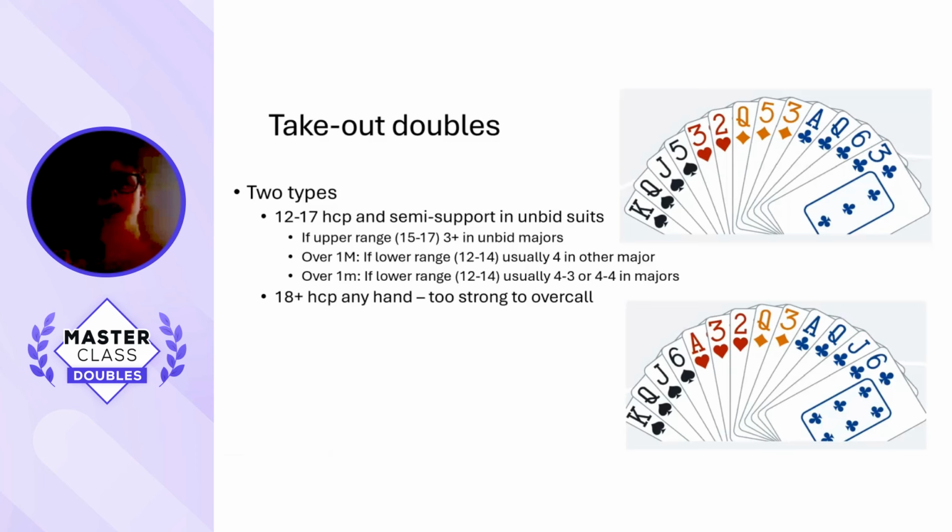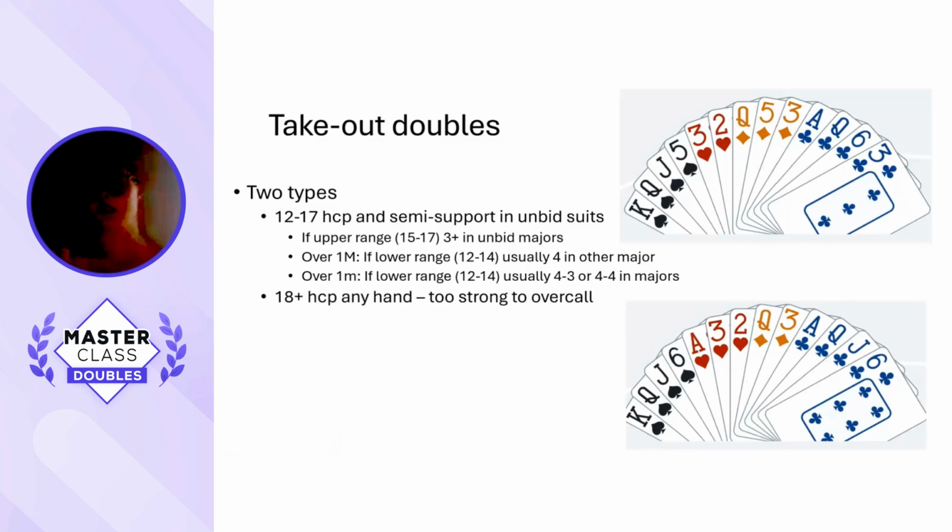And also with balanced hands: if we overcall, some people play overcalling one no trump as 15 to 18, some people just play it as 15-17. Then we will have 19+ if we play 15-18. But either way, if we are too strong to overcall a no trump, we have to double and come back with no trump later.